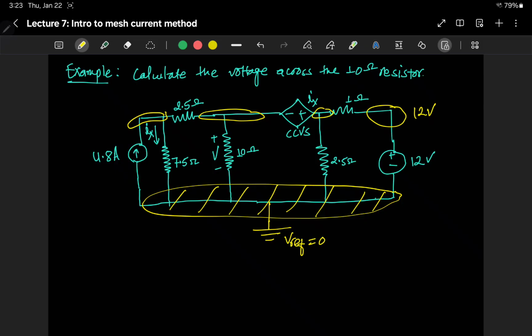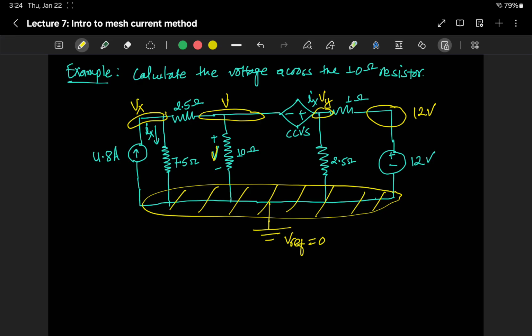So those will be the 3 independent nodes, and let's call this as Vx. This is the voltage V because we need to determine this voltage V here. So call that V, and then we'll call this one, the last one, as Vy.